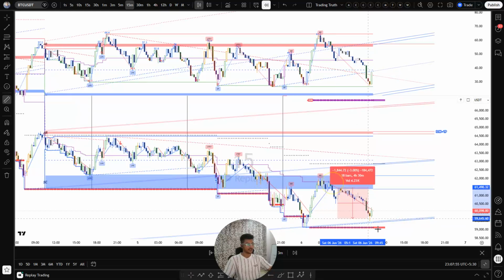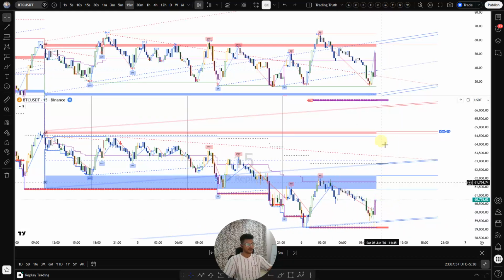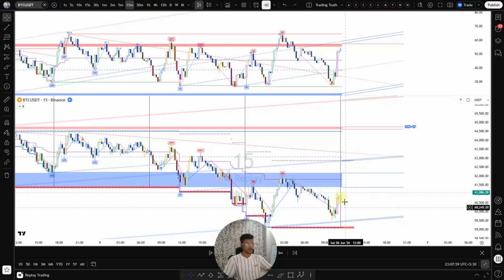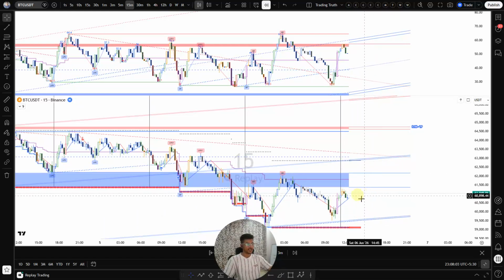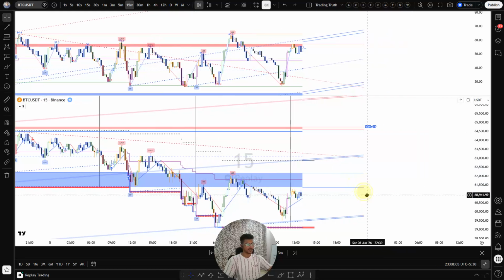Breaking down action, good trade, support, and then boom, new cycle started. This cycle will be like upside, I think.